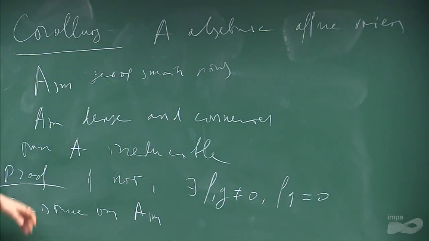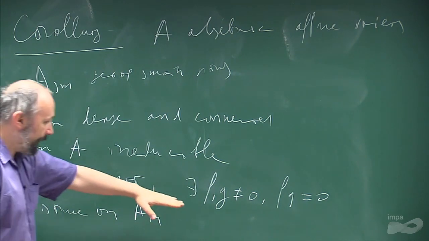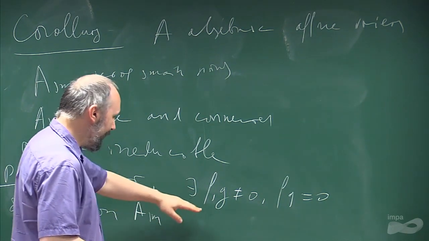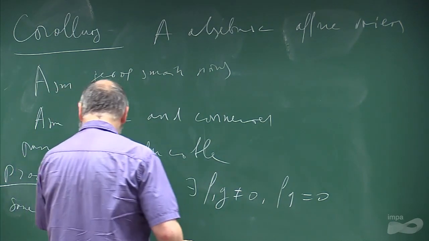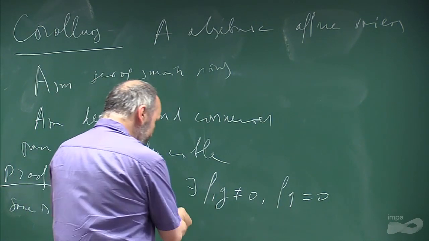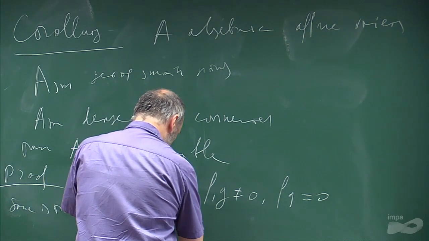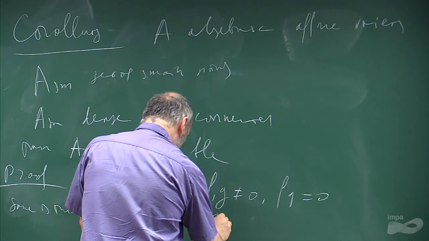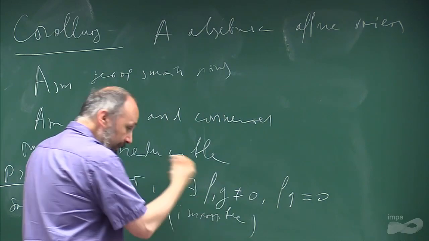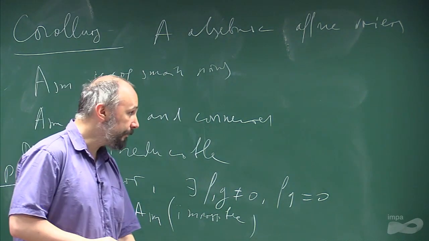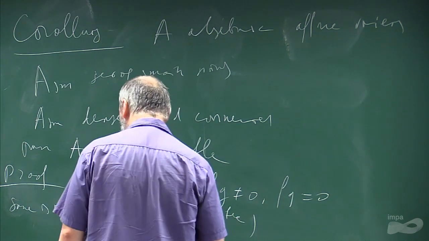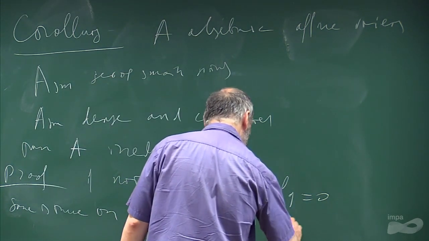In fact, since A smooth is dense, they cannot be 0. I mean, if they are 0 on A smooth, then they are 0 everywhere. But this is impossible by the previous result with analytic continuation. And so this is a proof.